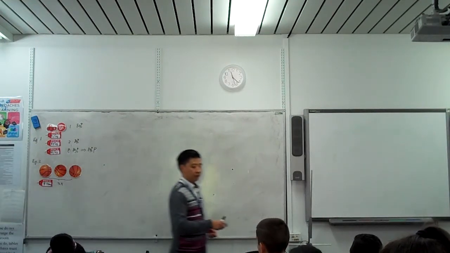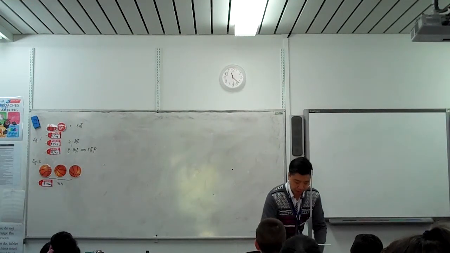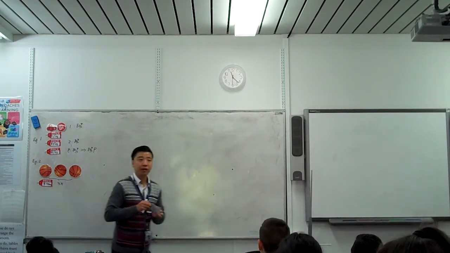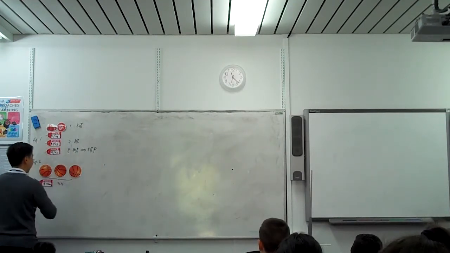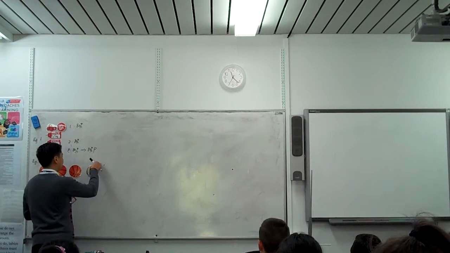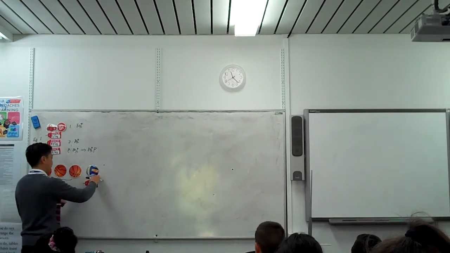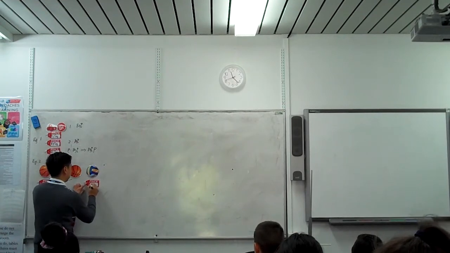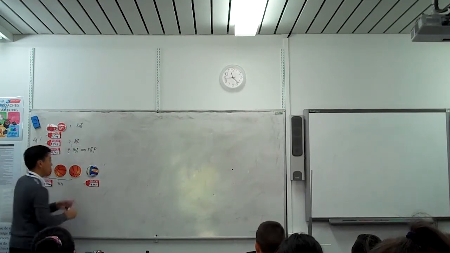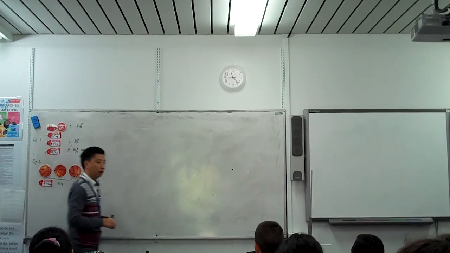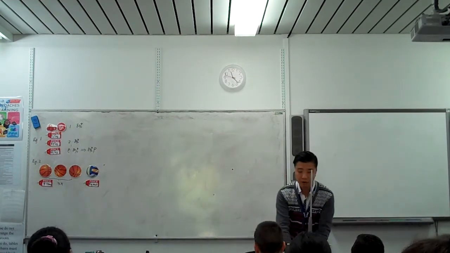Now, we want to do another practice. Volleyball. Okay, for the volleyball, we have Y dollars each. Now everyone, you continue to write in box 1.